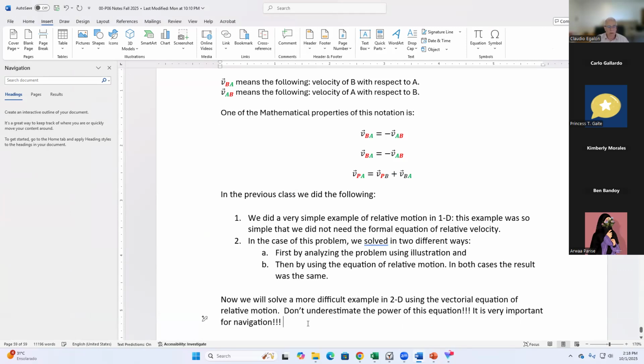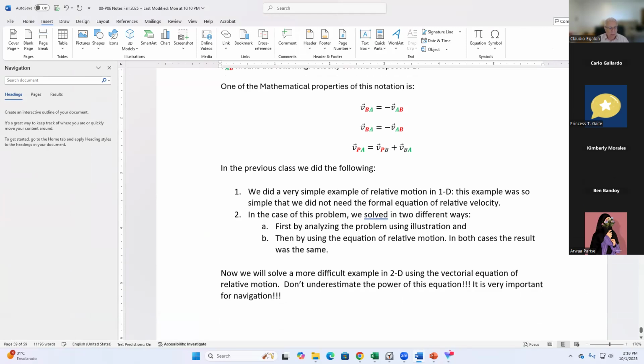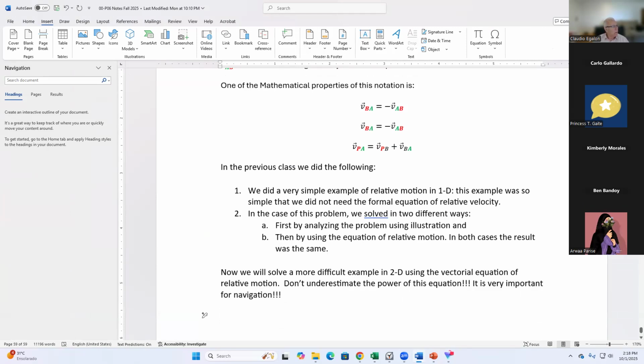It's very important for navigation. Okay, so example.